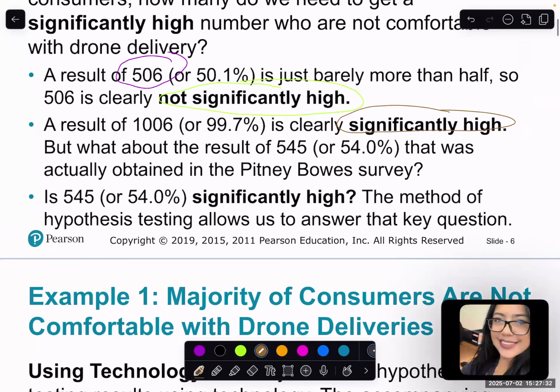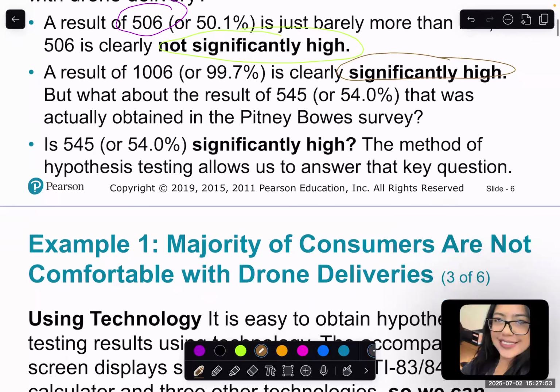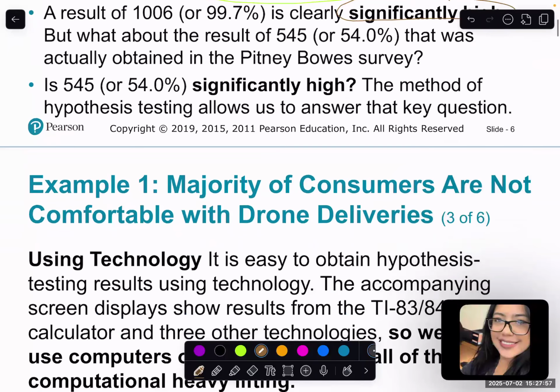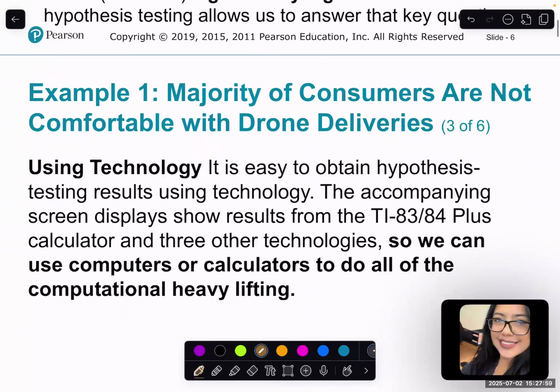So for the first one, we identified that 50% is not considered significantly high, but 1,006 is definitely a high value. So what we're going to do is look at the population proportion to determine whether it's significantly high or significantly low.